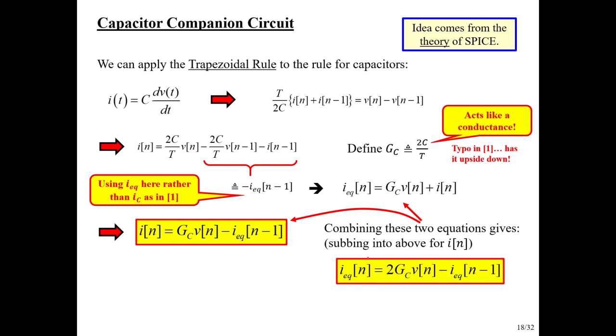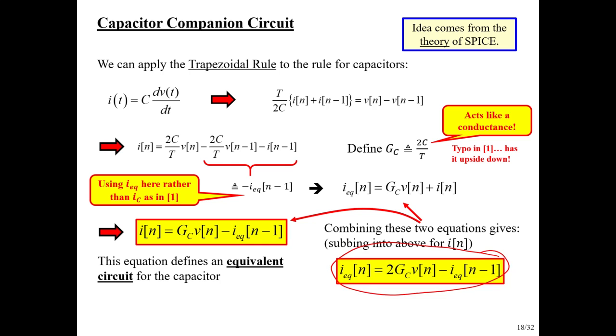This has I equivalent of n minus 1 and V of n connected. So this is like an update for I equivalent. Given that I know what the voltage across the capacitor is now, and I know what this auxiliary current was before, I can figure out what the auxiliary current should be now. So this is like a state update equation. Interesting.